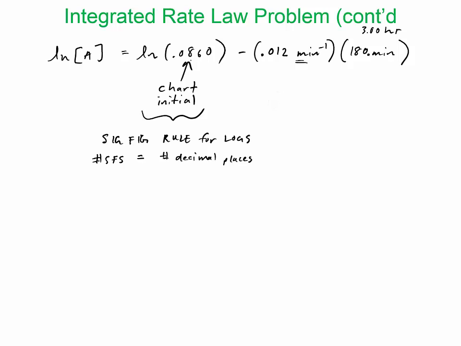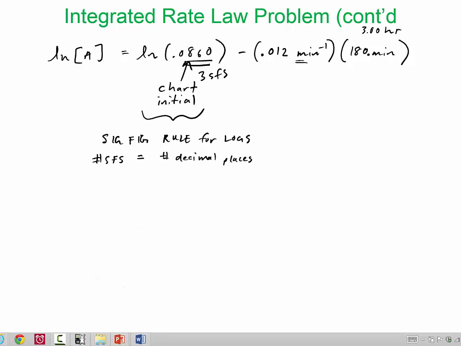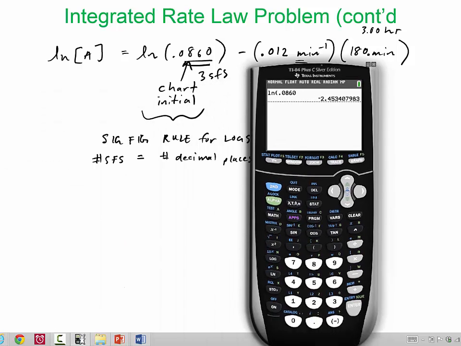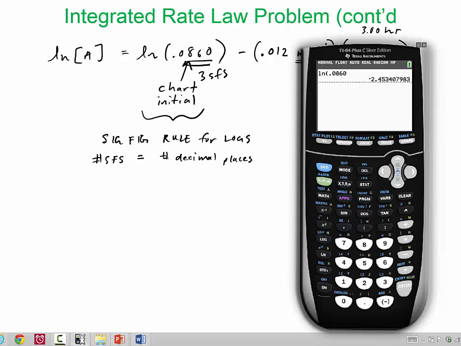So in this result right here, I have 3 sig figs, and now in my calculator, when I took the natural log of that number, my result should have 3 decimal places. So it's going to go to the 4, 5 to this 3 right there.